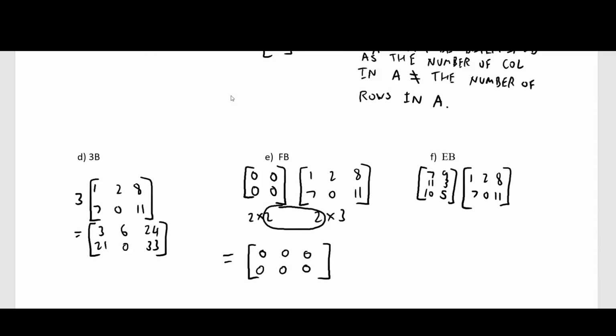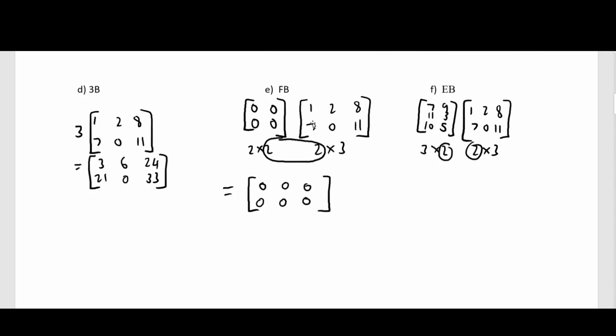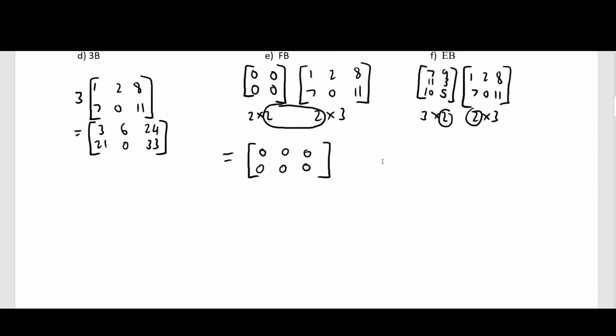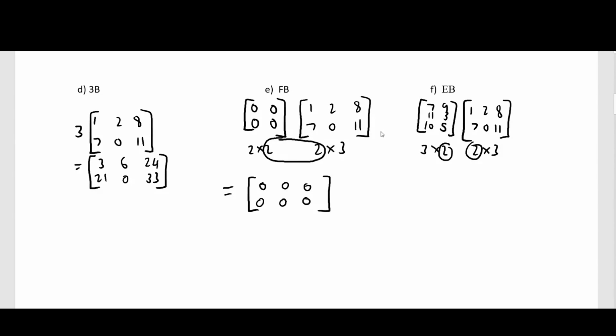Okay, so here we've got 3 rows and 2 columns. Here we have 2 columns and 3 rows. So yes, we can multiply this one together because these two numbers are equal. And we're going to be left with a 3 by 3 matrix. So this is quite a harder one. Fair bit of work in this one. So let's do it.